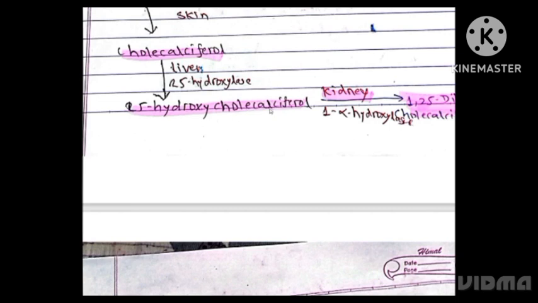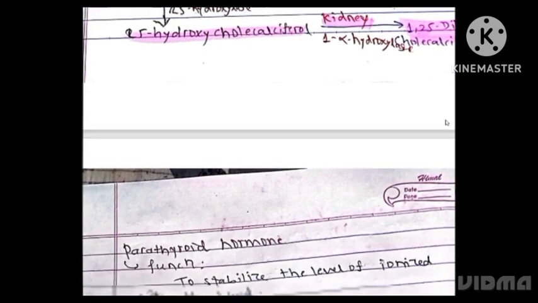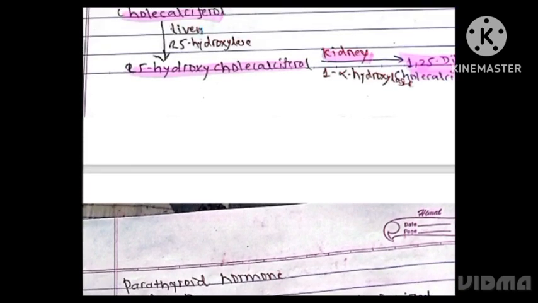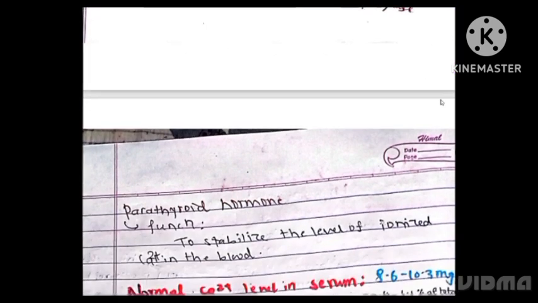Finally, this 25-hydroxycholecalciferol is acted upon by alpha-1 hydroxylase in the kidney to form 1,25-dihydroxycholecalciferol, that is DHCC, also called calcitriol, which is the active form of vitamin D. Now, this DHCC acts on the intestine to increase the absorption of calcium.